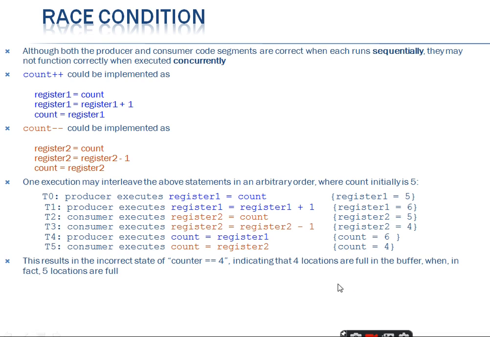So this results in inconsistent data. We are using the count integer variable to keep track of the filled locations in the buffer. So if count is equal to 4, this means that 4 locations are filled, whereas actually 5 locations are full. So this is an incorrect value.